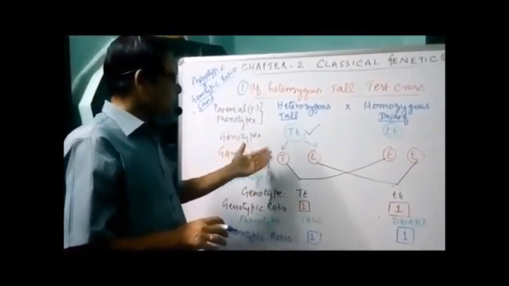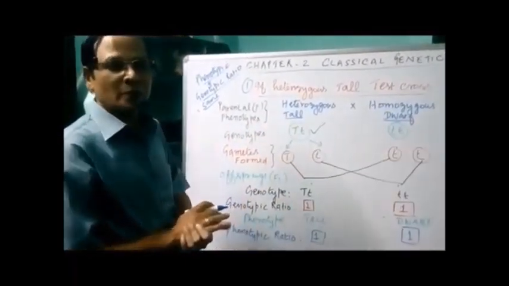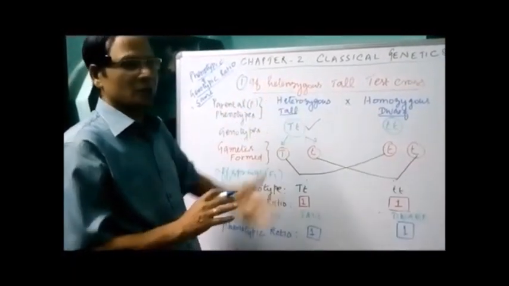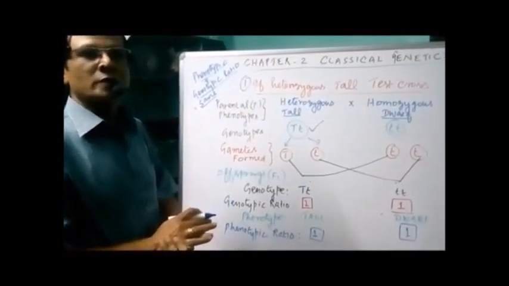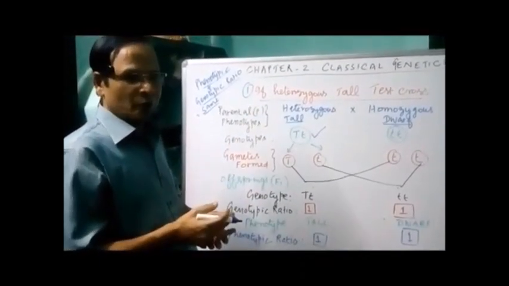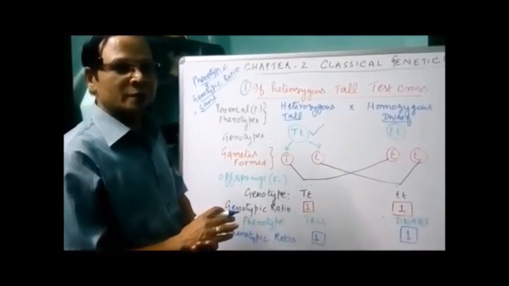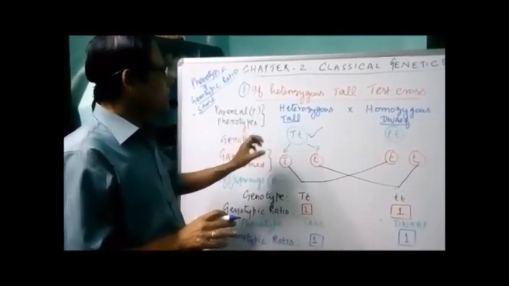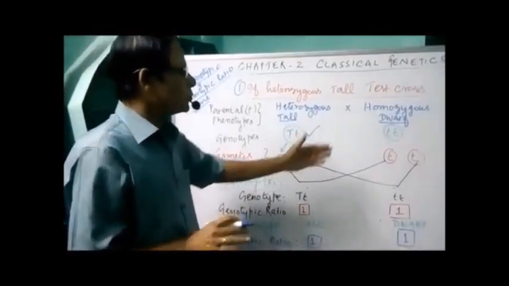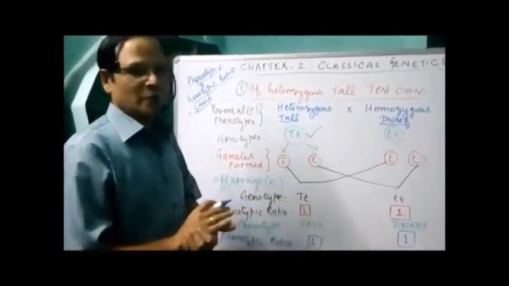The tall character is heterozygous, hence called heterozygous tall test cross. In this cross, a heterozygous tall plant, whose genotype we don't know, is simply taken as a dominant parent. It is being crossed with a homozygous dwarf or recessive parent.